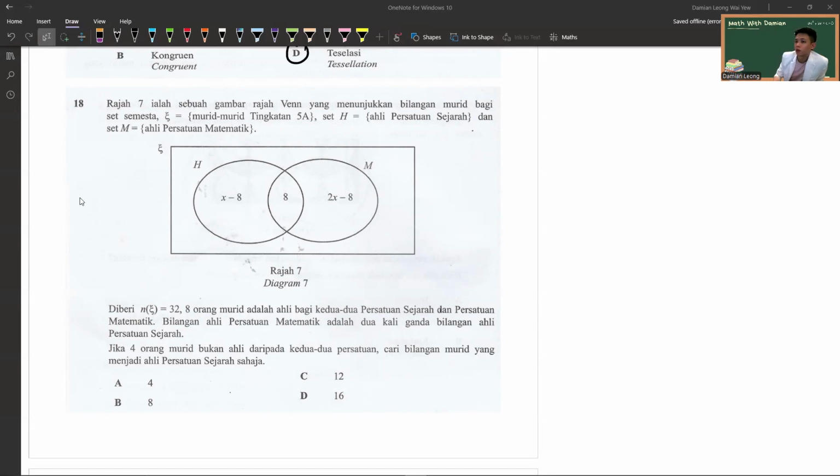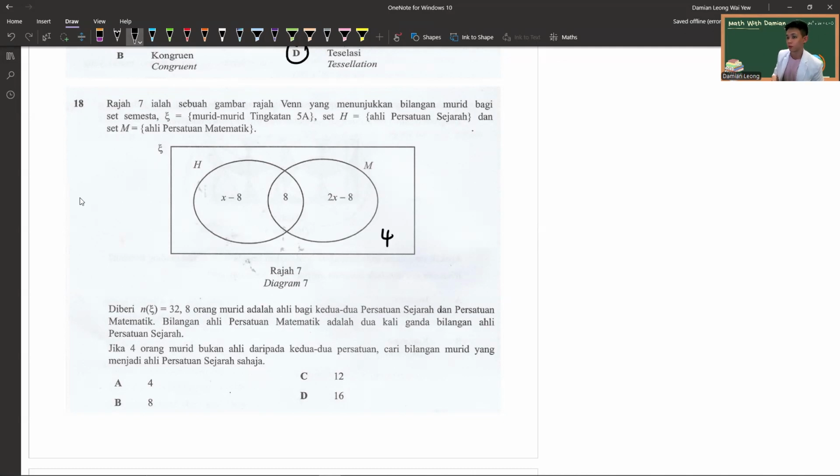The number of math society members is 2 times the number of history society members. 4 students are not members of either society, so outside should be 4 here. Find the number of students that are history society members only.